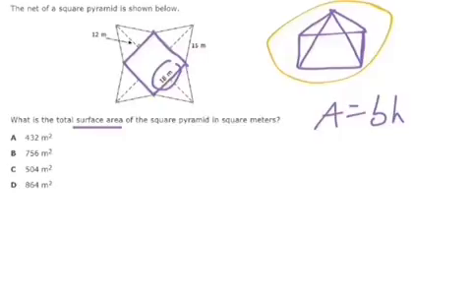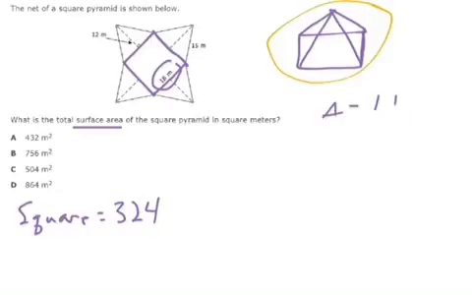And if you multiply 18 by 18, I believe you do get 324. So the square is 324 square inches.